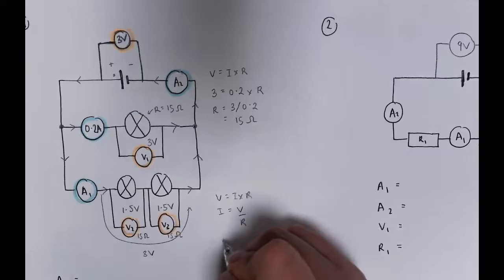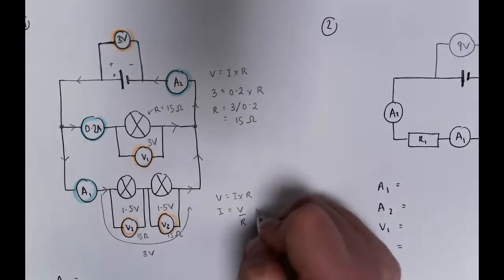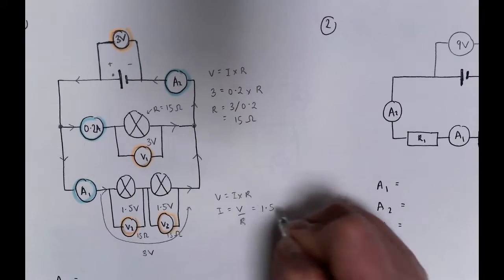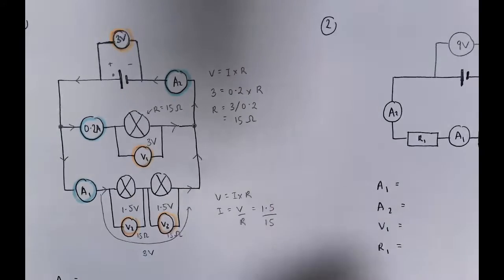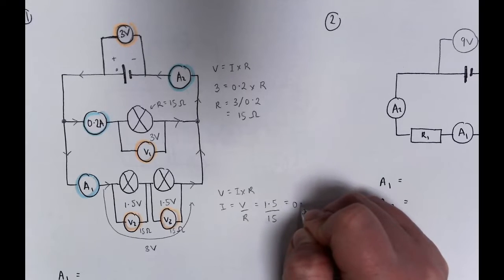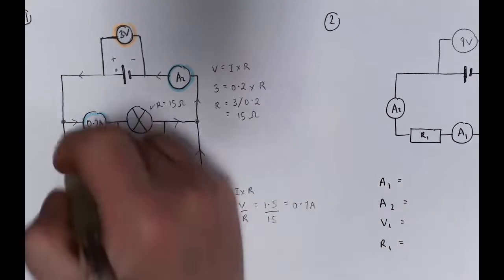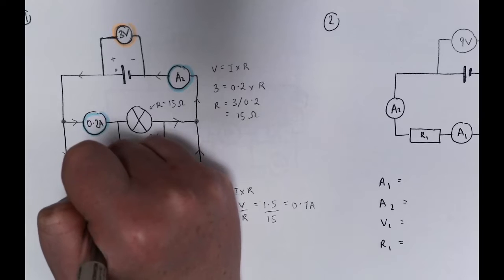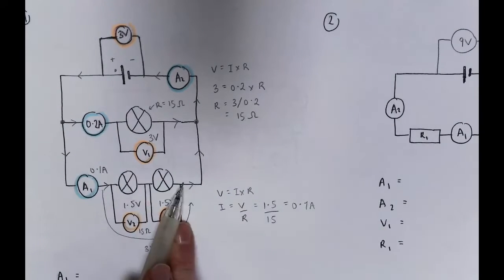And so we can say that I, which is measured by the ammeter, is equal to 1.5 divided by 15. Gets me 0.1 amps. So it must be that 0.1 amps was flowing into this light bulb.